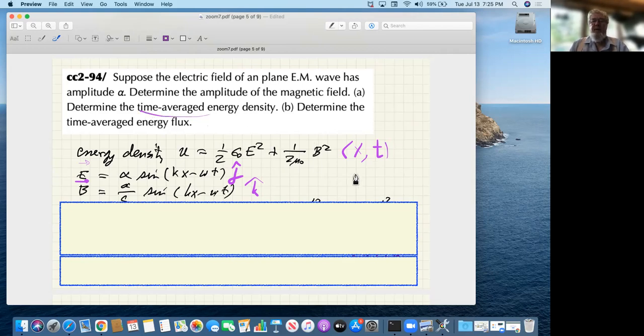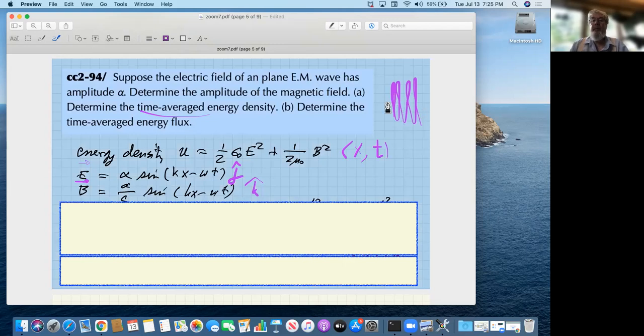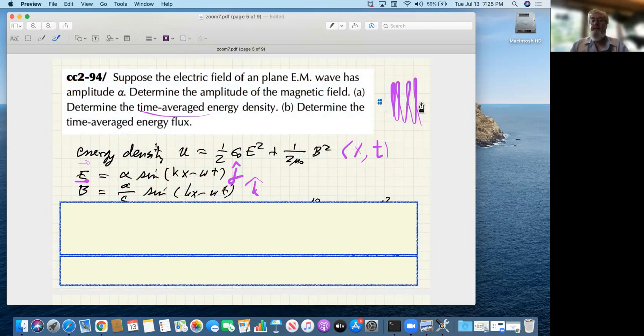At any particular point, the electric field is oscillating up and down, between plus alpha and minus alpha.